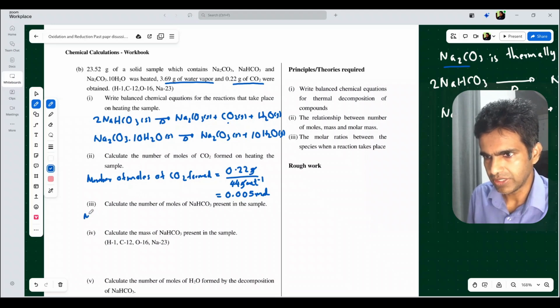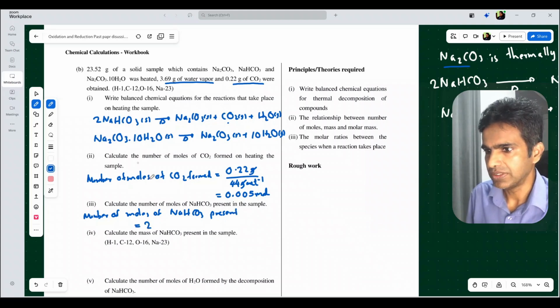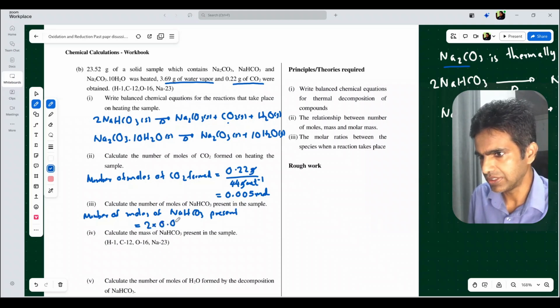So we can calculate number of moles of sodium bicarbonate present. It is 2 times number of moles of carbon dioxide, 0.005 moles. 5 times 2, 10, 3 decimal places, 1, 2, 3.